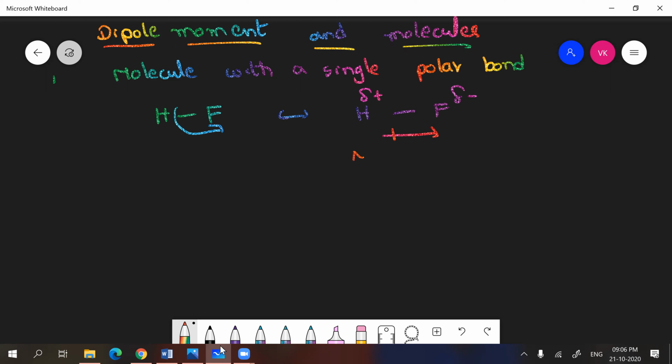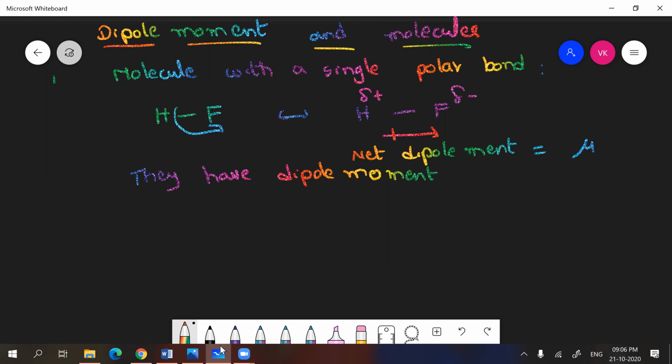So net dipole moment will be present. So that means whenever the molecules are having a single polar bond, definitely they possess dipole moment. Very clear, very simple. Just remember, whenever any molecule has a single polar bond, definitely it has dipole moment.